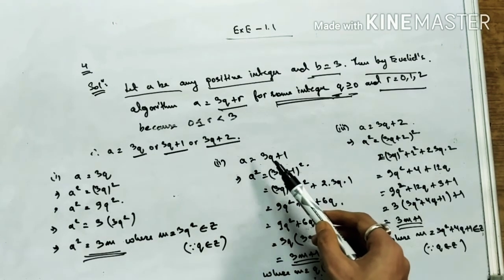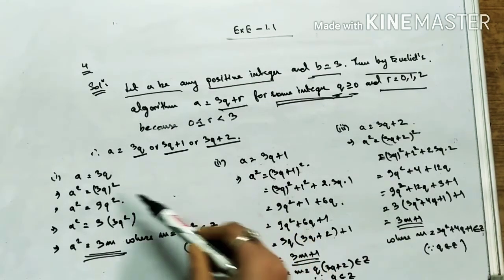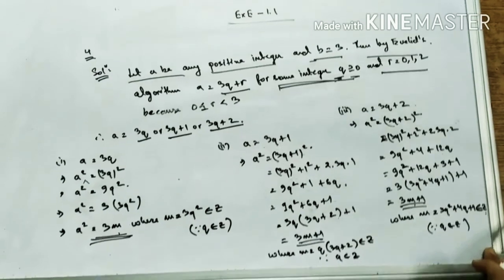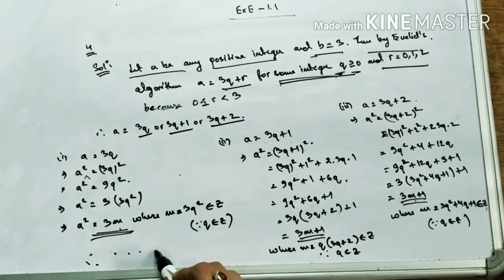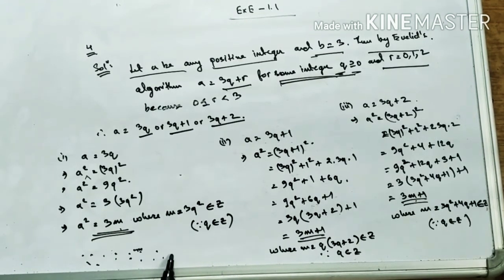Next I will take when a value is 3q plus 1. Again squaring both sides I will do. And again this one I can write as 3m plus 1. You understand? The square of a positive integer can be written in the form of 3m plus 1. This one again 3m plus 1. Understand? So therefore the last line I can write: therefore the square of a positive integer is of the form 3m or 3m plus 1.